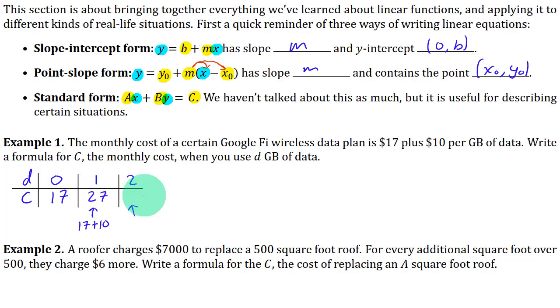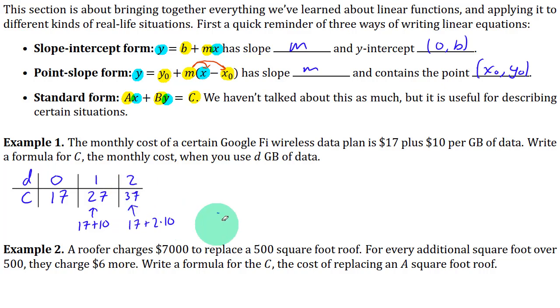If you use 2 gigabytes of data, there's still the $17 plus 2 gigabytes of data costing $20, or 2 times 10. So this comes out to be 17 plus 20, which is 37.